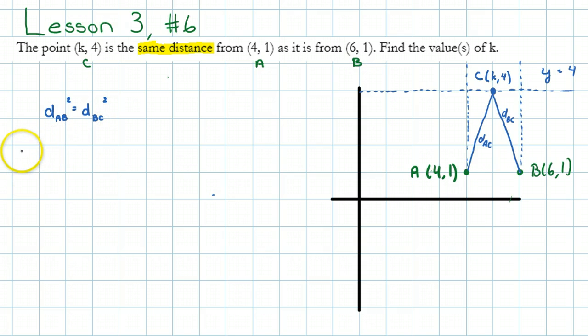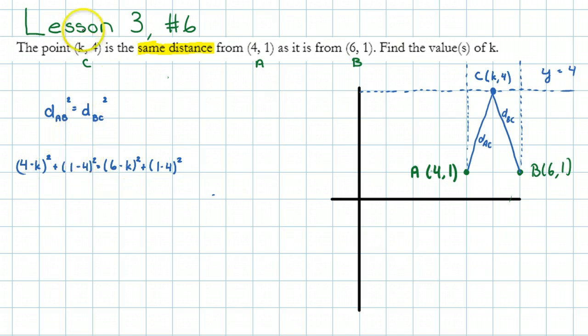And so now we can work this out. We're going to have (4 minus k) squared plus (1 minus 4) squared is equal to (6 minus k) squared plus (1 minus 4) squared.